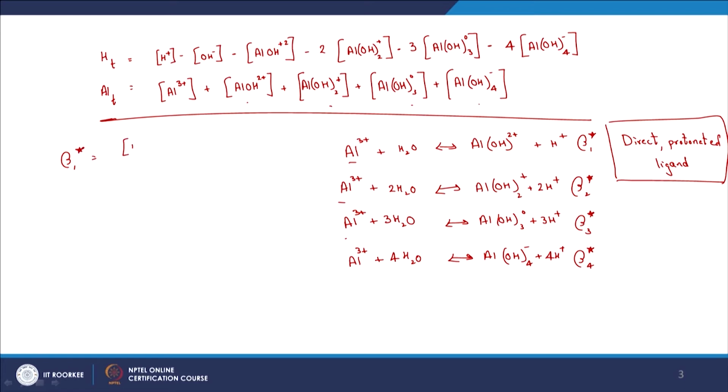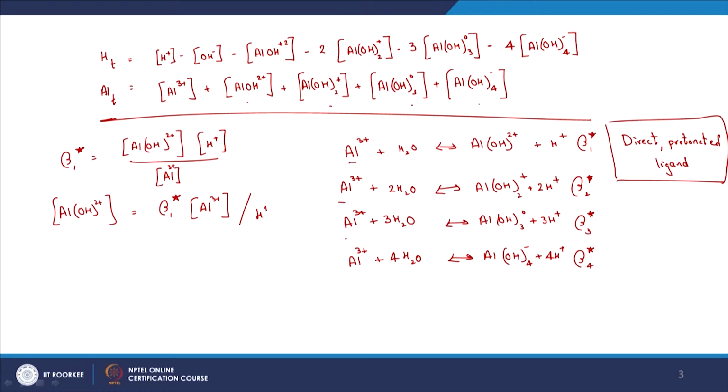The concentration of AlOH2+ into the concentration of H+ by the concentration of Al3+, meaning what is this now? So the AlOH2+ concentration can now be written as beta 1 star into the concentration of Al3+ by H+, right.